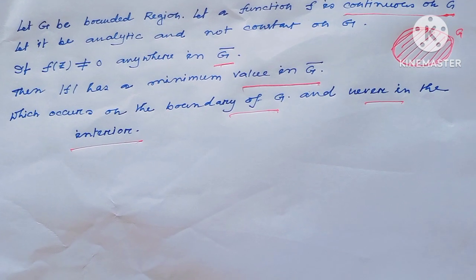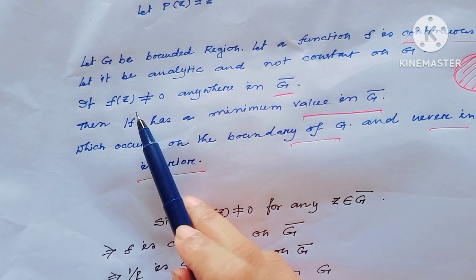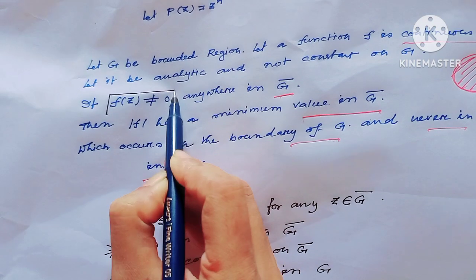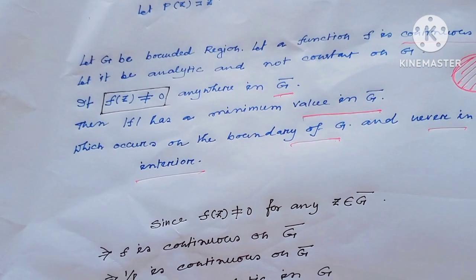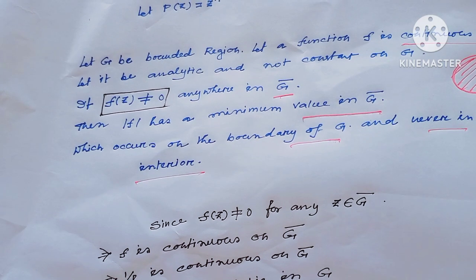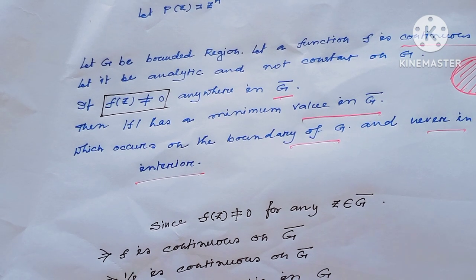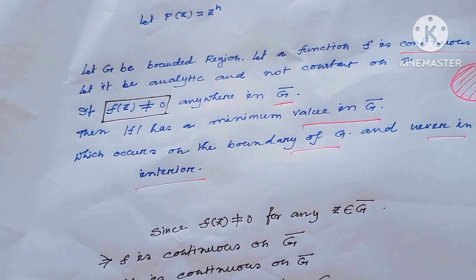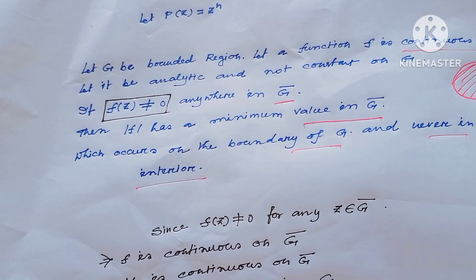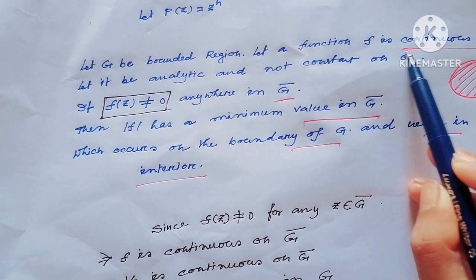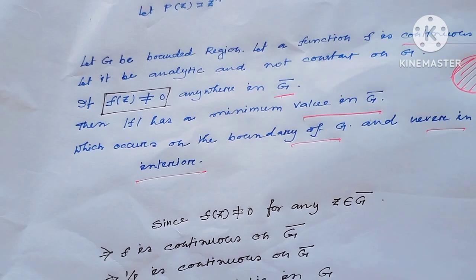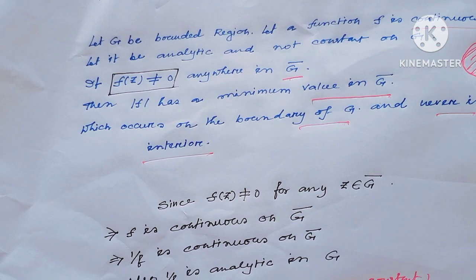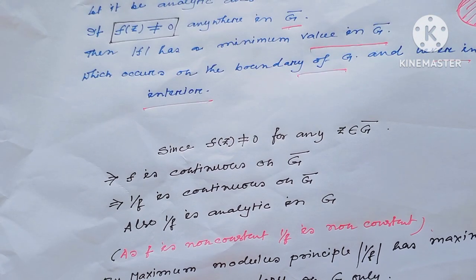Let's see the solution. Since f(z) is given to be not equal to 0, since the image is non-zero, here I will apply the theorem to 1 over f. Since f is continuous on Z bar, obviously 1 over f is also continuous on Z bar.